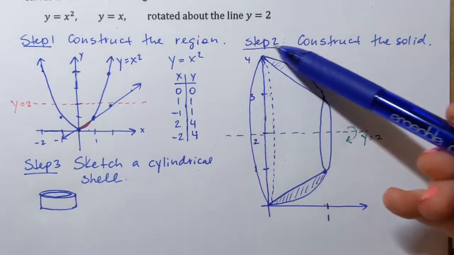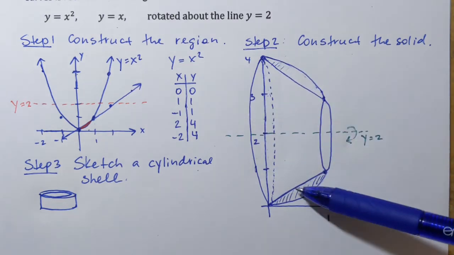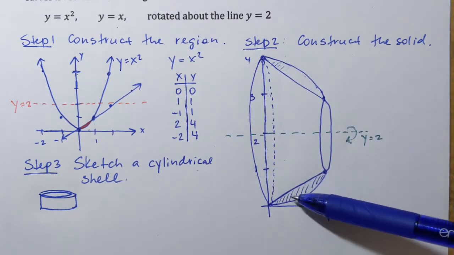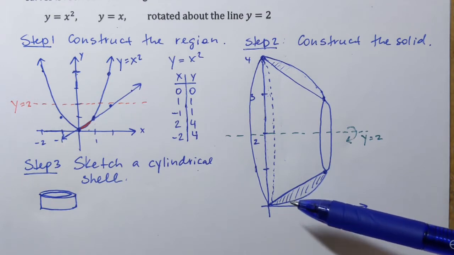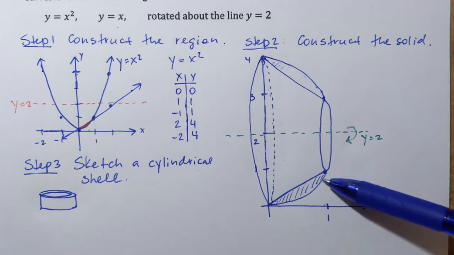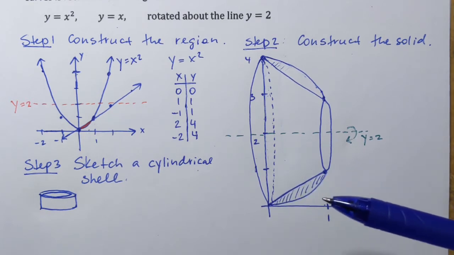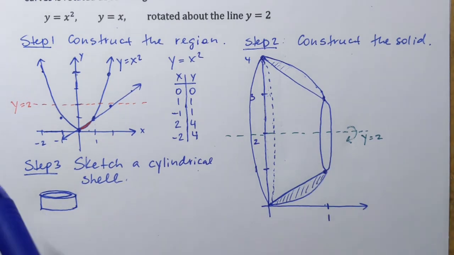And when I need to sketch a cylindrical shell within my solid, this is how I start. I start by placing a typical rectangle, or some arbitrary rectangle, in my region right here. And I have two choices when I start. I can place the rectangle vertically or I can place the rectangle horizontally.